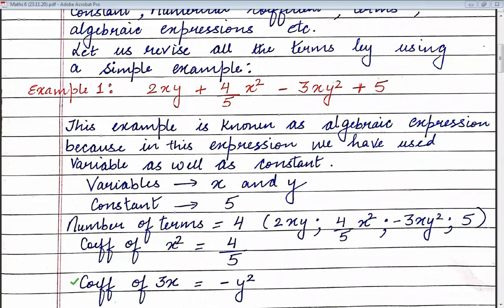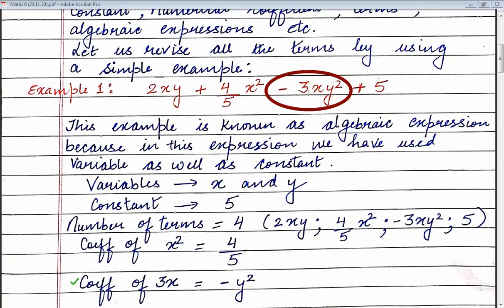Now in the next one, we have to find the coefficient of 3x. Again, go to the algebraic expression and find which term has 3x. This one, no. Second term, no. Third one, yes. In the third term, you have 3x.